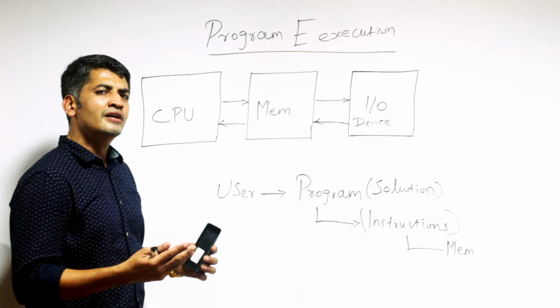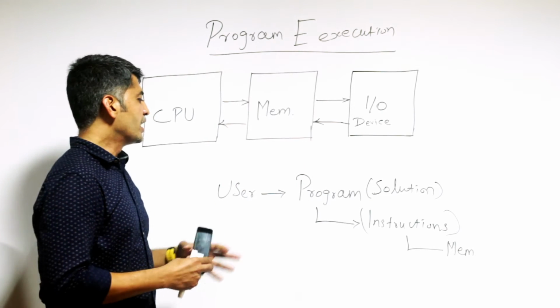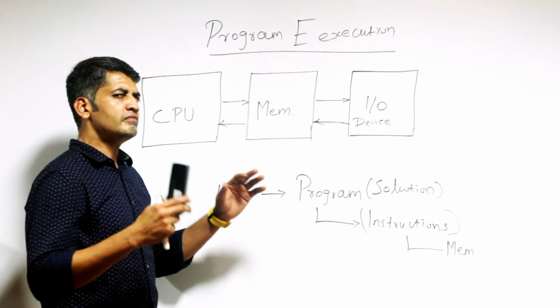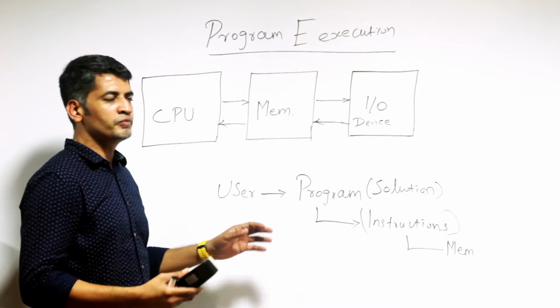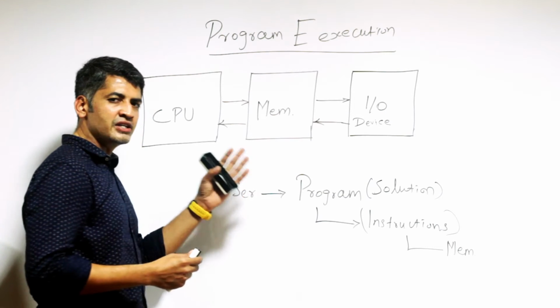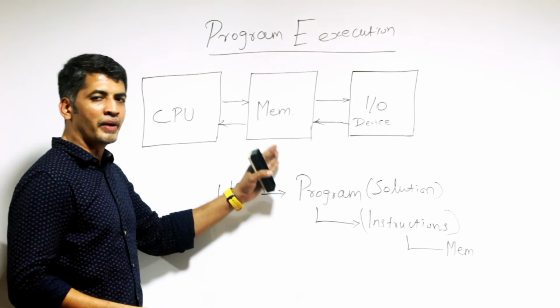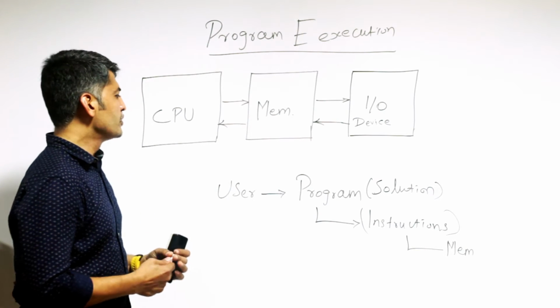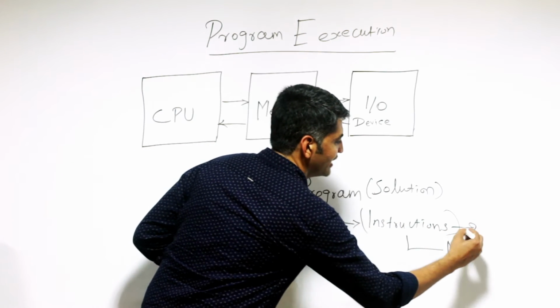When the program is to be transferred to the CPU, that is, when the user gives the execution command, the program is moved from secondary memory to main memory. There are a number of instructions in each program.